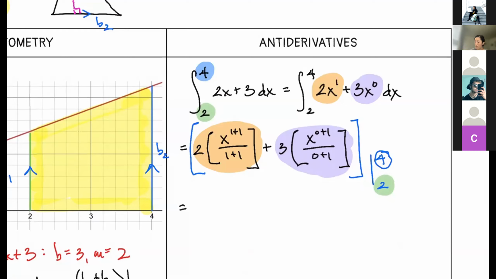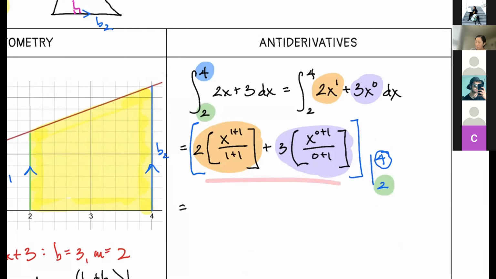But the only new layer we've added is, instead of a plus c, we have these two numbers hanging out, okay? And so what we're going to do now is take the top number, 4, and plug it in to here. And then take the bottom number 2 and plug it into here.